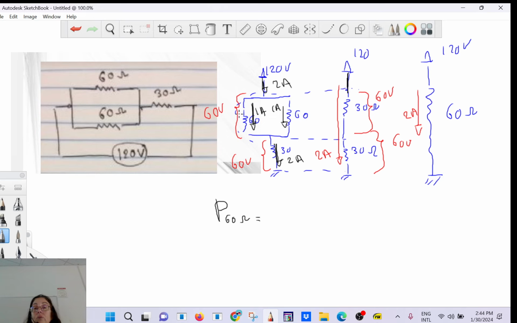Okay, I can use 60, so the voltage, 60 times the amp. So that's going to be 60 watts. Okay, or I can use V squared over R, or I can use R times I squared, and you still get 60 watts.